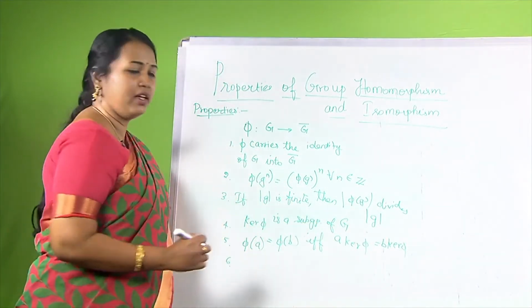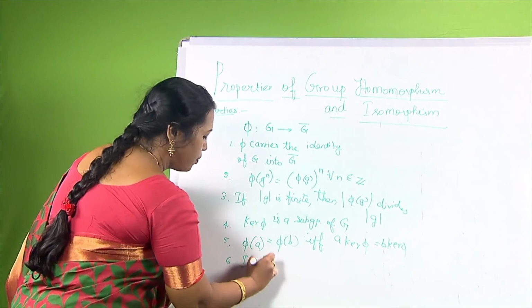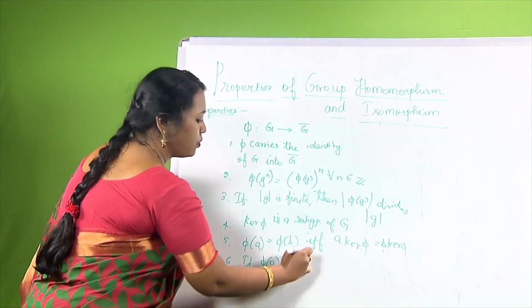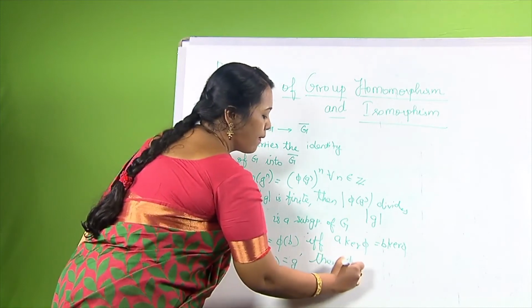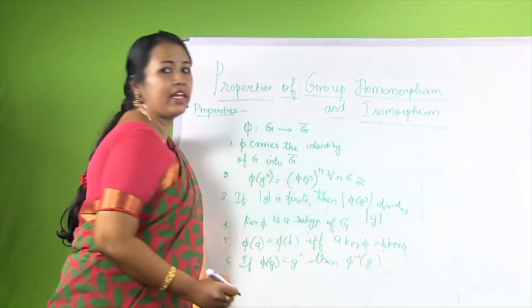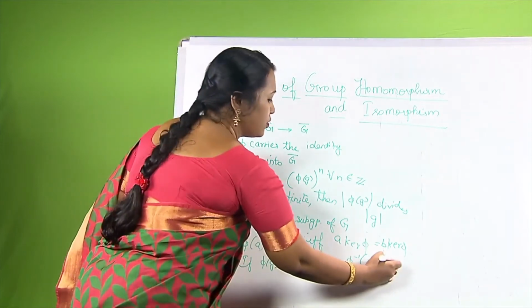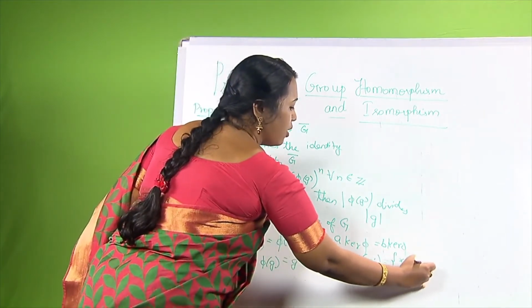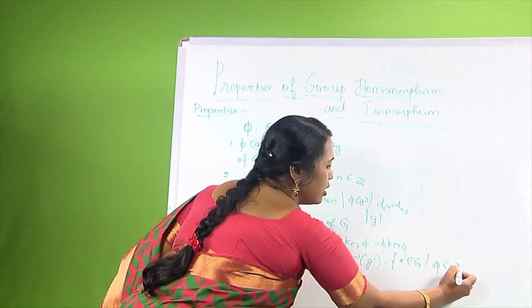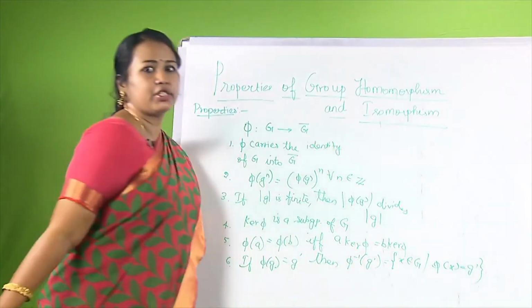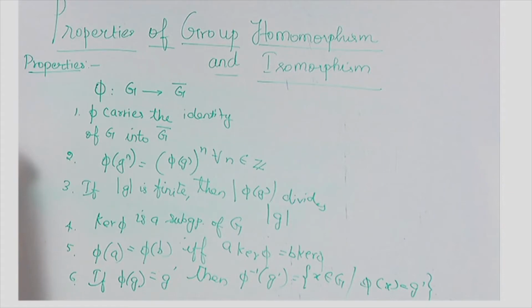The last property, if phi of g is equal to g dash, then phi inverse of g dash is equal to the set of all x belongs to G such that phi of x is equal to g dash, and this is also equal to g kernel phi.